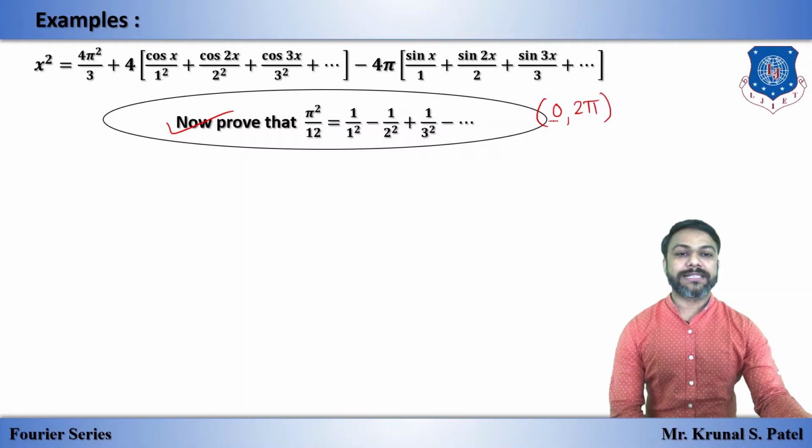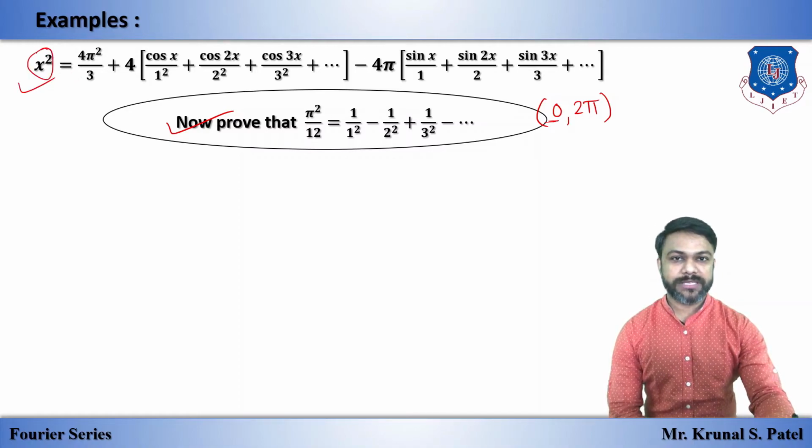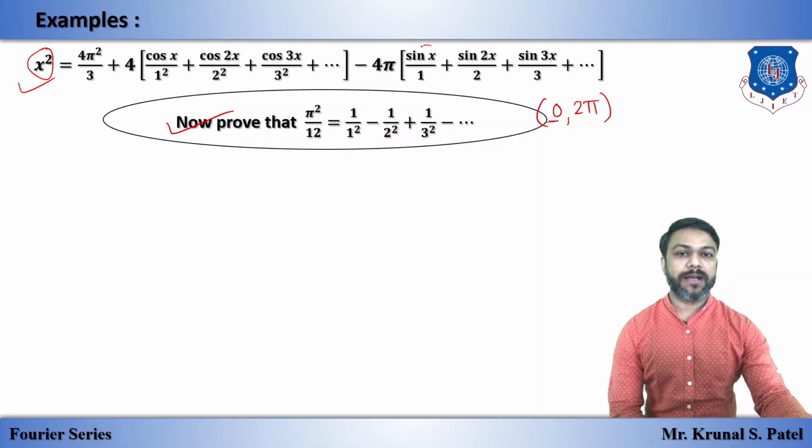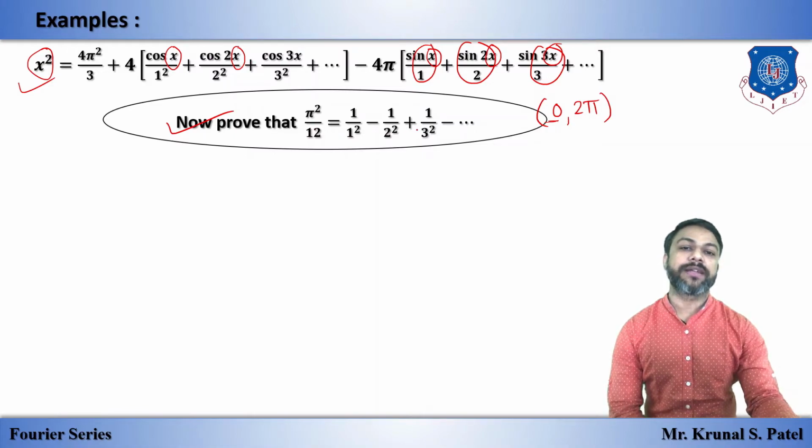If we put x equal to 0 in this, this term is 0 and each and every sine term will be 0. Why? Because if we put x equal to 0, sin 0 is 0, sin 0 is 0. And then we will get cos 0 is 1, cos 0 is 1, cos 0 is 1. So each and every term will be plus, and here we require alternate signs.